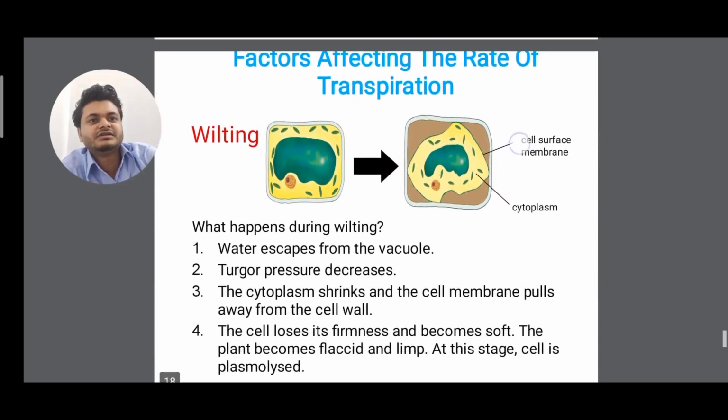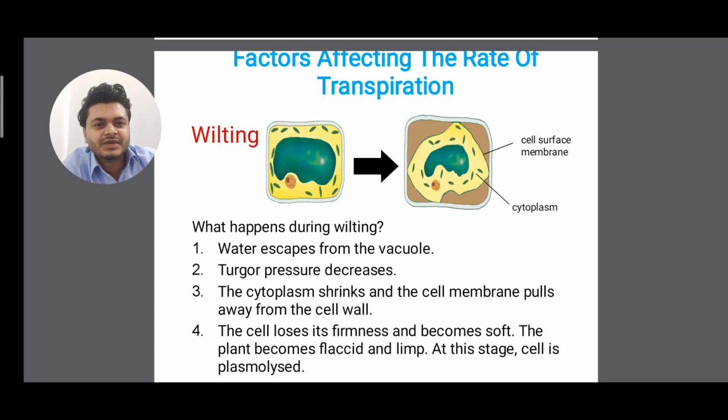Now the factors affecting the rate of transpiration. One more phenomenon is wilting. What is wilting? Wilting is the shrinkage of cytoplasm. See what happens during wilting. Water escapes from the vacuole, turgor pressure decreases, the cytoplasm shrinks and the cell membrane pulls away from the cell wall. The cell loses its firmness and becomes soft.